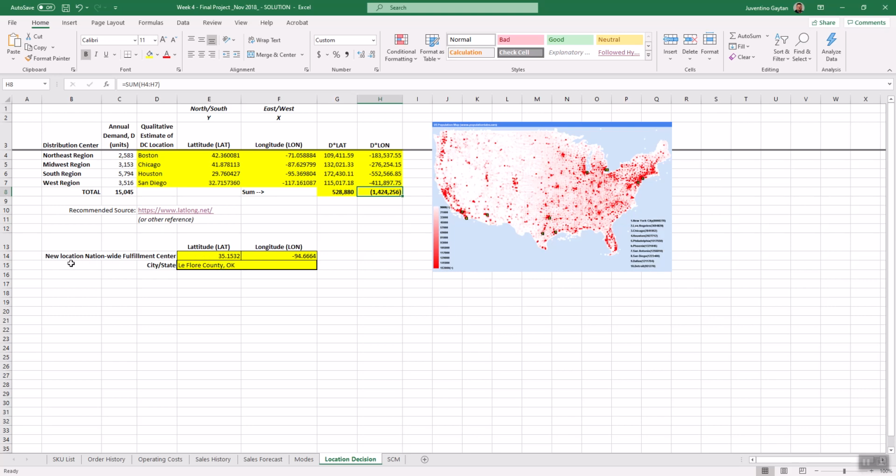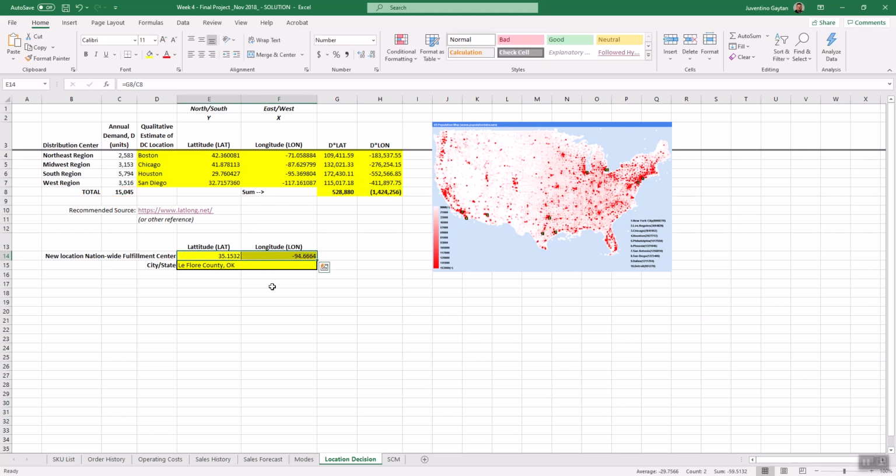Then, down at the bottom, your new location, Nationwide Fulfillment Center, will be the d times the latitude divided by your annual demand, and your longitude is going to be the same thing. It's going to be your demand times the longitude divided by your annual demand, and that'll give you your longitude.